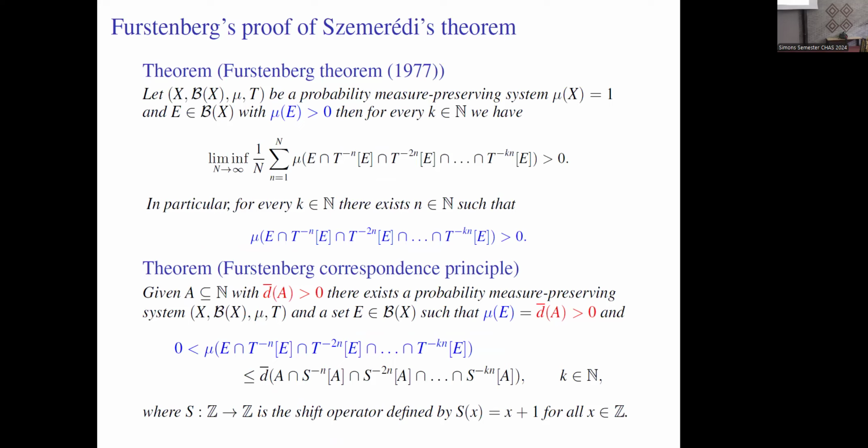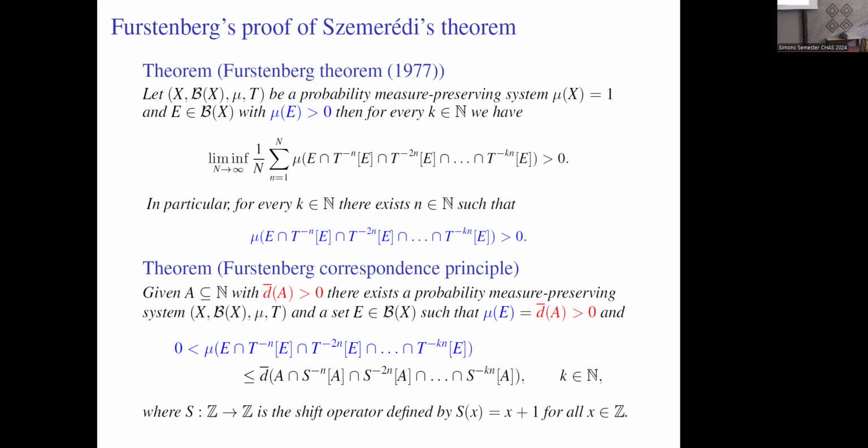These correspond to the scalar product of a certain multilinear average where we have the characteristic function of E, and the first is composed with T to the power n, the second is composed with T to the 2n, and so on, the k-th is composed with T to the kn. So this is, in other words, a multilinear ergodic average.